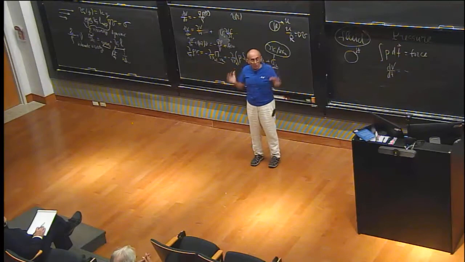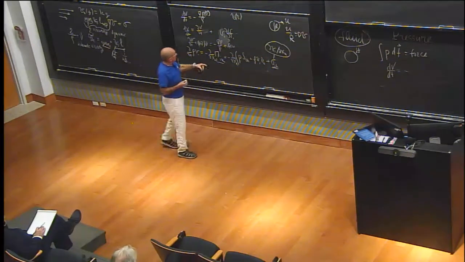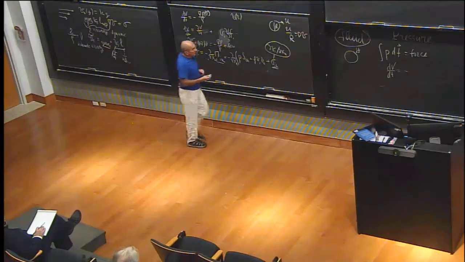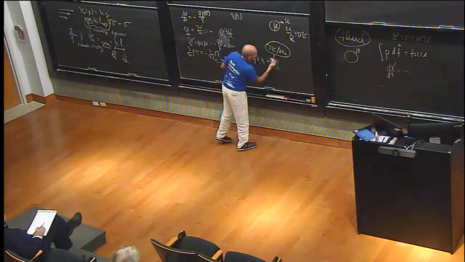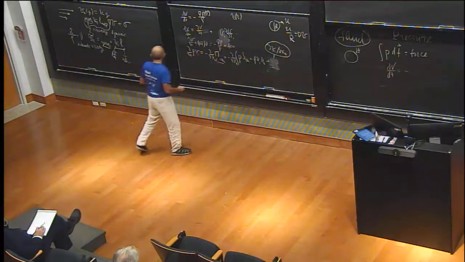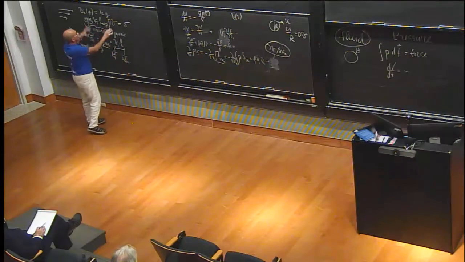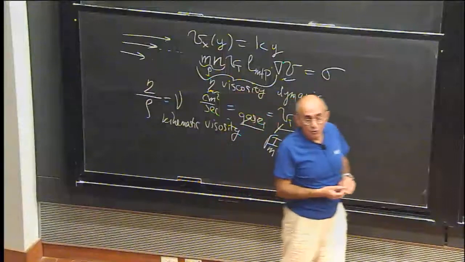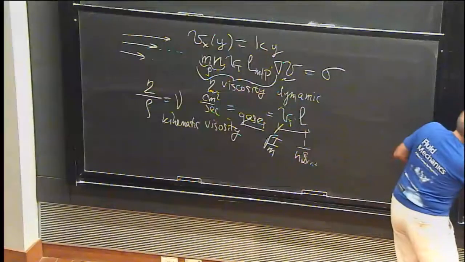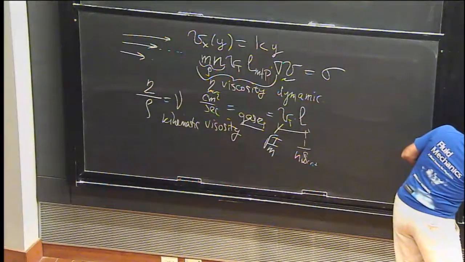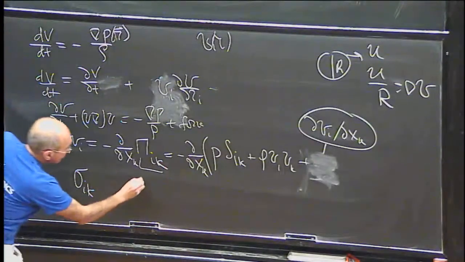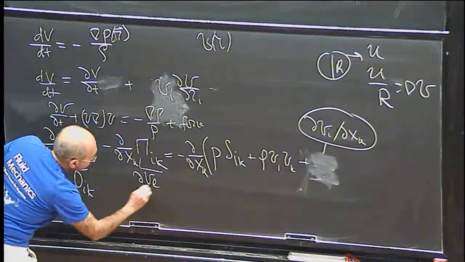Okay, good. So now we are ready to add to this equation another part. The only thing that I did here was pretend that this is a scalar and this is a scalar, and of course they are not. So essentially what I have is a tensor, and I have another tensor.